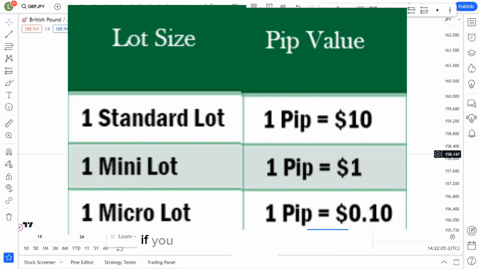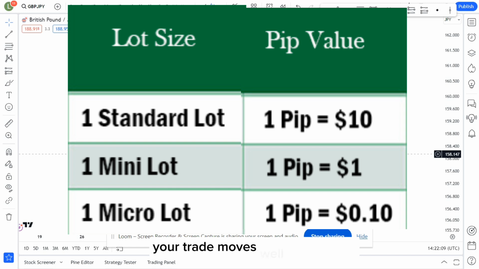If you are trading with a mini lot and your trade moves by 1 pip in your favor, you just earn yourself $1. If it doesn't go in your favor, it just means that you have lost $1. And then the micro lot size: if you pick micro lot size to trade, each movement of 1 pip is $0.1.